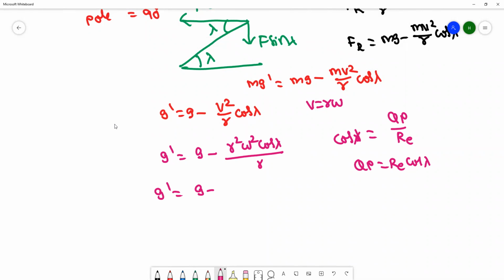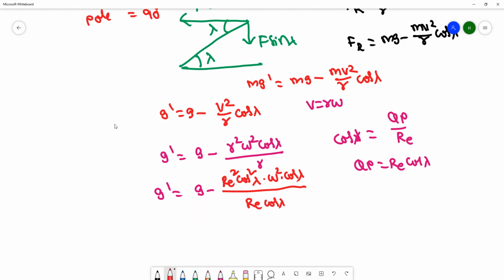The r square value is R_E square cos square lambda into omega square, into cos lambda divided by R_E cos lambda.